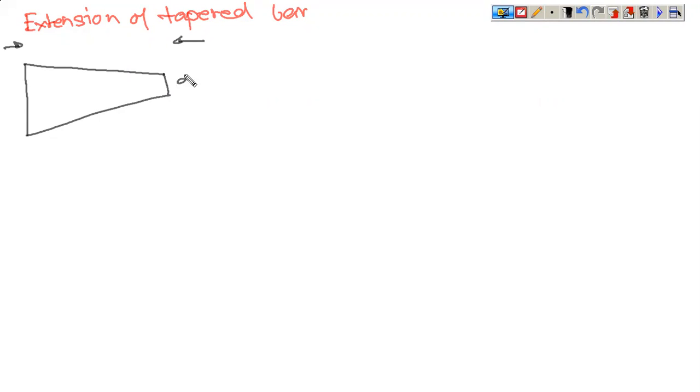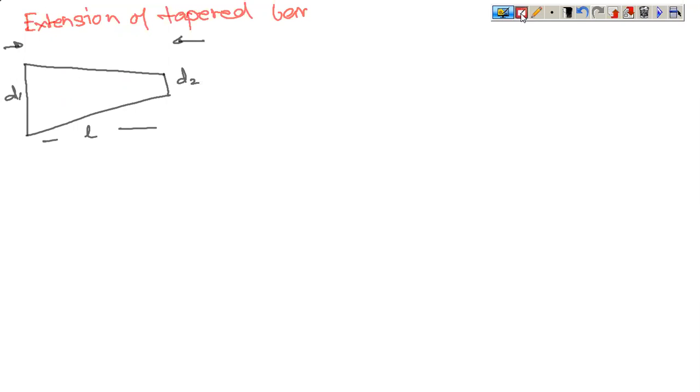Let this dimension be d2 and this be d1. If the major diameter is d1 and the smallest diameter is d2, and if d2 becomes equal to 0, this becomes a cone. It has a length of L. You need to find the delta L for these types of structures.